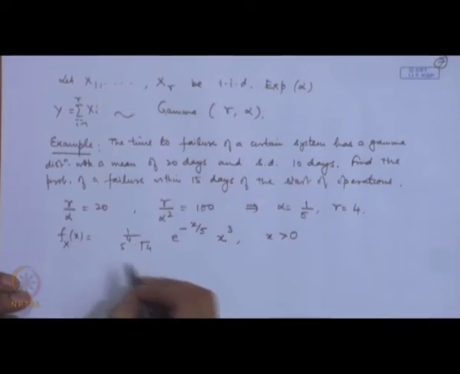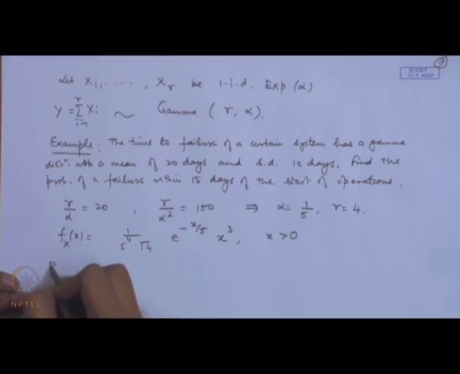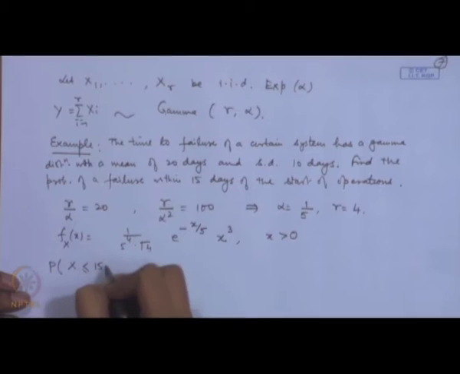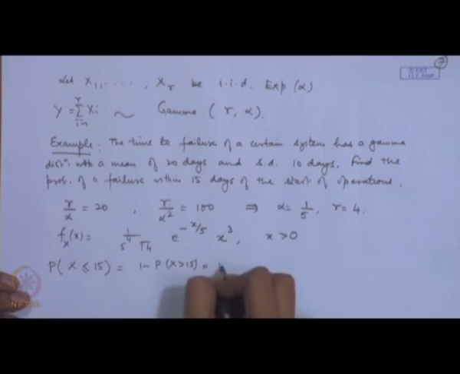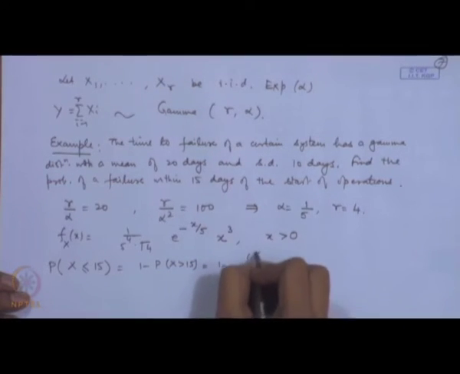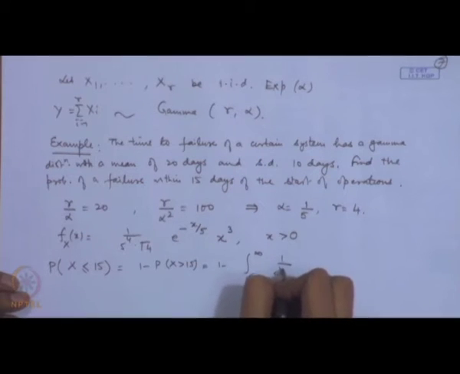We wanted the probability of the system failing within 15 days. So, that is equal to 1 minus probability x greater than 15, that is equal to 1 minus integral 15 to infinity of 1 by 5 times the density.